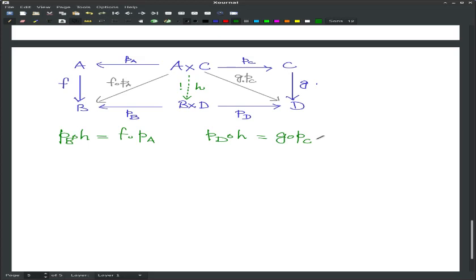Now I have got hold of this function. The next question is, how will I get to know what is H of, say, AC? Where is H of AC going to?